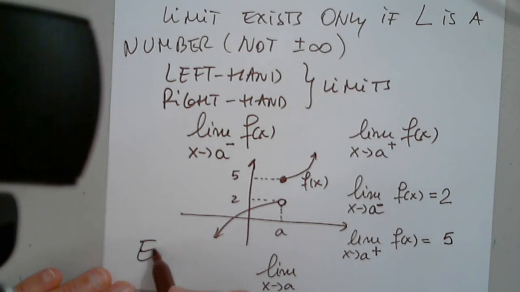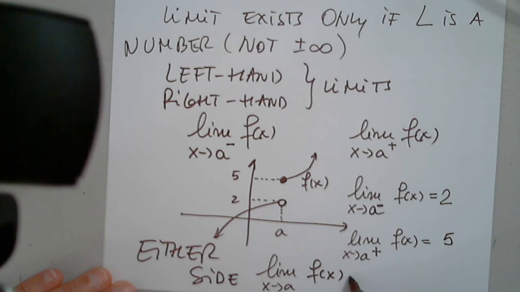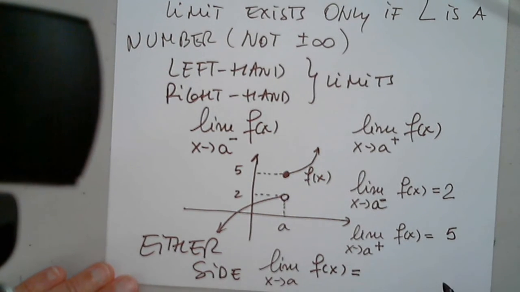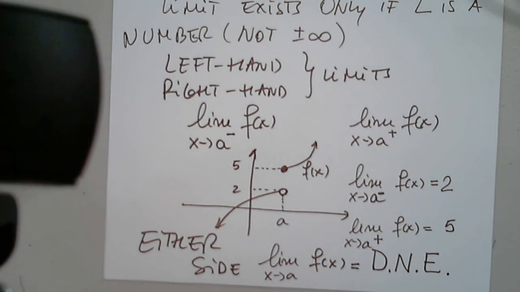Finally, the limit from either side of f of x as x approaches a is? At negative infinity or? Does not exist.